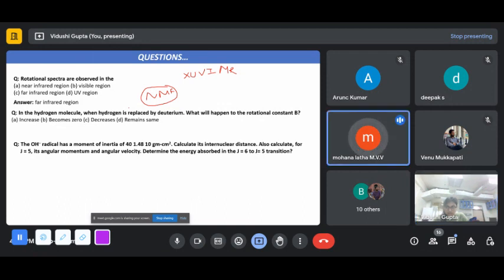Because reduced mass is in the denominator. We know that B is inversely proportional to reduced mass. If hydrogen is replaced by deuterium, then the mass is increased, so the rotational constant B will automatically decrease.